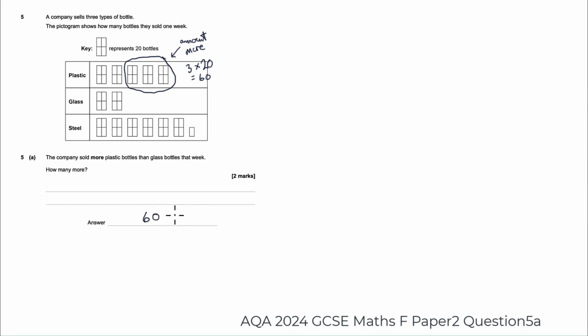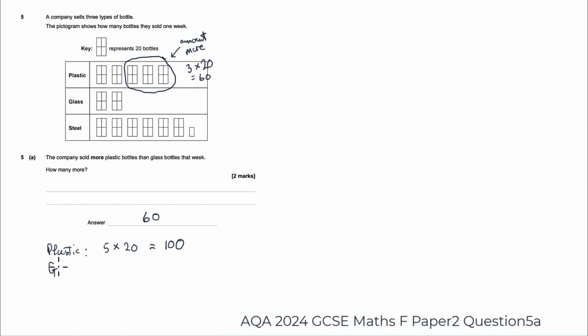There is another way to do it. You could work out the plastic bottles in total, 1, 2, 3, 4, 5 lots of 20. So the plastic bottles would be 5 lots of 20, and that's 100. Remember, you do have your calculator, so you could work these out on your calculator. How many glass bottles? 1, 2, 2 lots of 20.